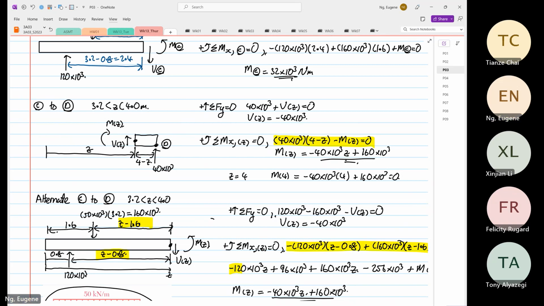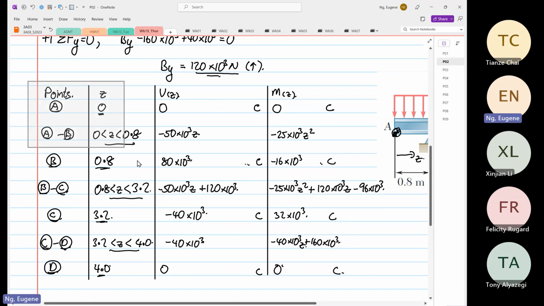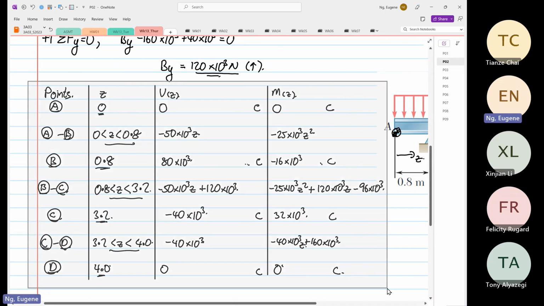Okay. Next, we are going to construct our shear force and bending moment diagram. Okay. And I'm going to have all these equations with us.